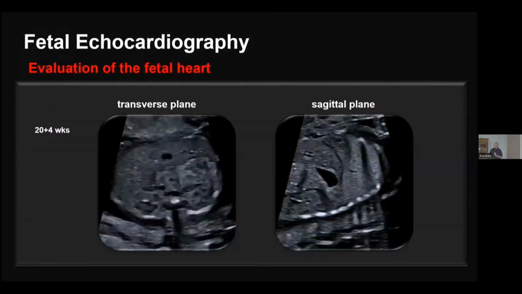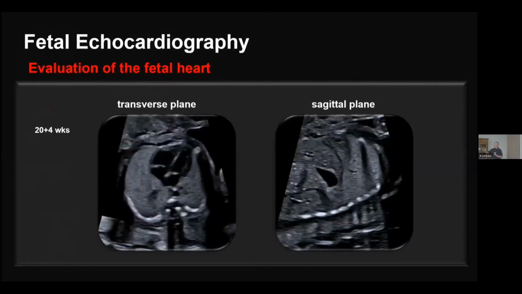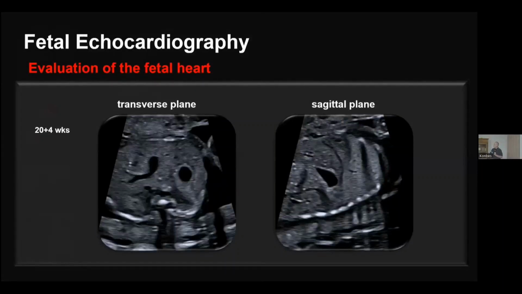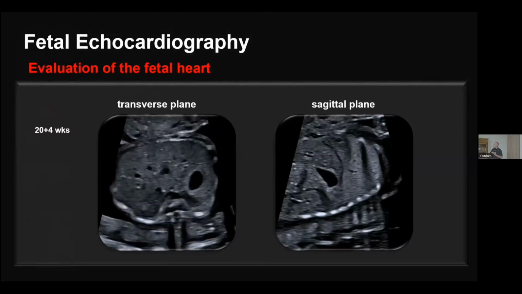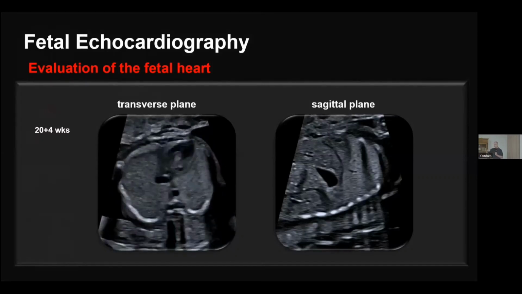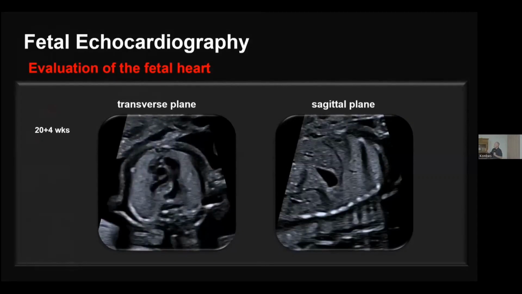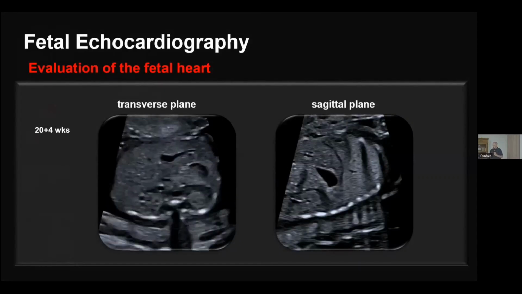So this is a view that shows the transverse plane. We can start from the abdomen, look for the 4-chamber view, then for the aortic outflow tract and the pulmonary outflow tract. This is the view. You can start best if the baby lies in this position with the apical view of the fetal heart, but it's not easy in every case.